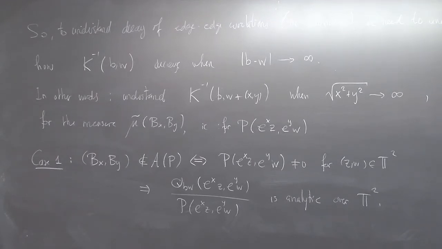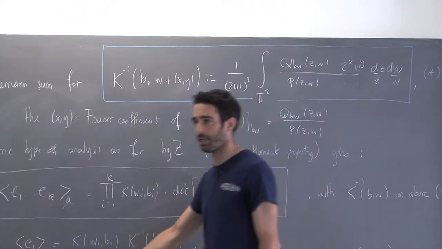And basically what happens is that if this thing is analytic, then its Fourier coefficients will decay exponentially.